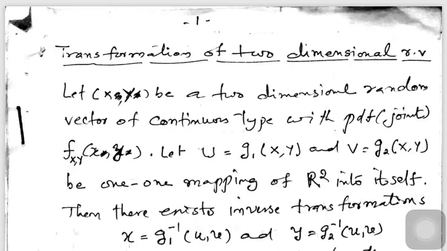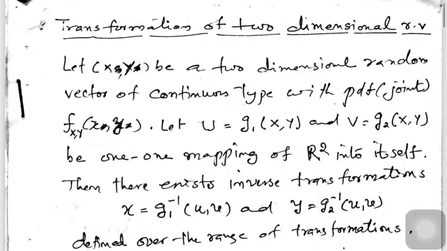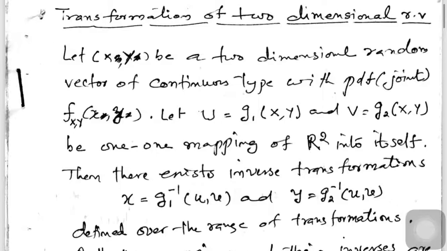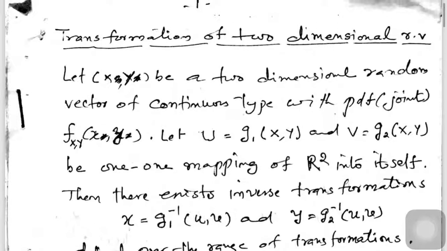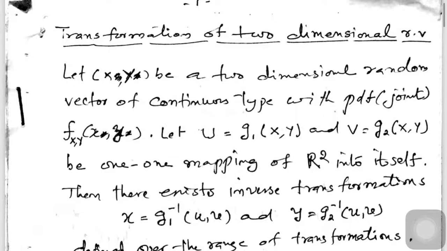There we were considering a random variable x, and we defined a transformed variable, a new variable y, that is equal to g of x, and we have considered different methods for finding the distribution of the new variable y, and there we have considered a method of transformation to find the probability distribution. And in that case, we have assumed that the function g of x is strictly increasing or strictly decreasing, or in general, the function g of x is monotone.